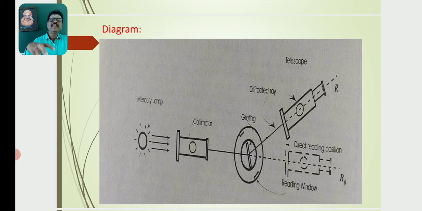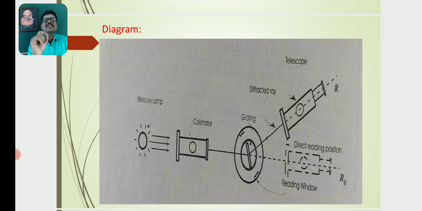The grating is fixed on the grating table with the help of a grating holder. The mercury lamp, collimator, and telescope grating are all arranged in a linear path.